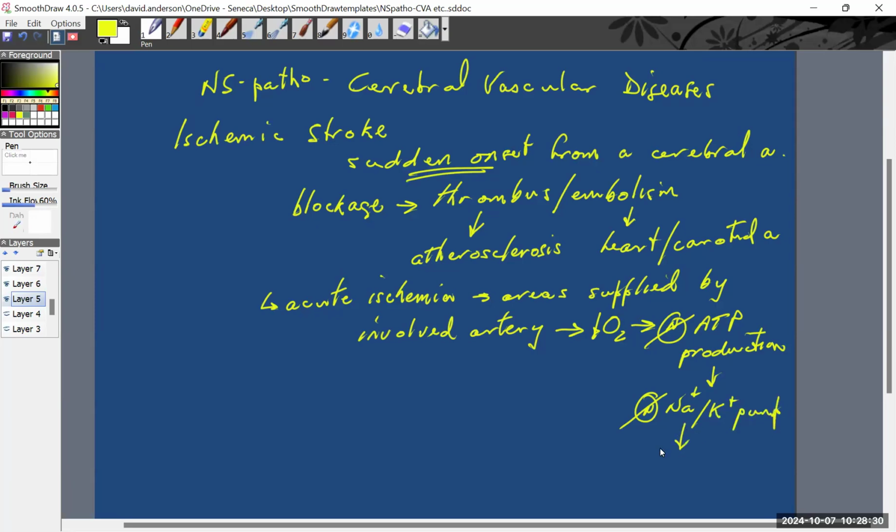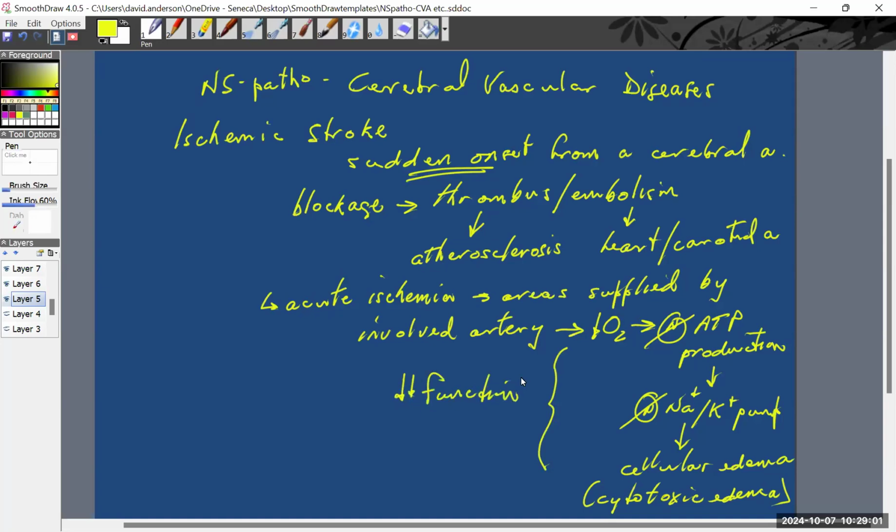That's going to lead us to cellular edema, cytotoxic edema is possible in the nervous system, and rapid loss of function. All of this means decreased function, and it's going to be noted within seconds.